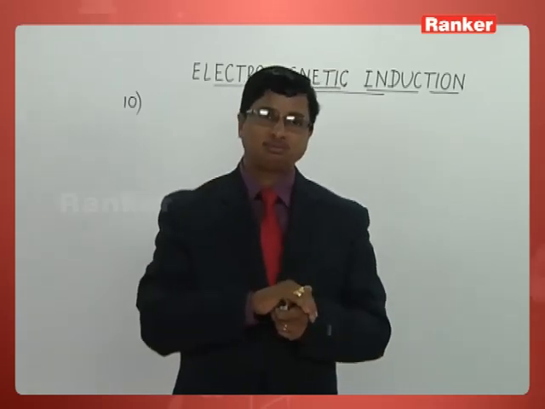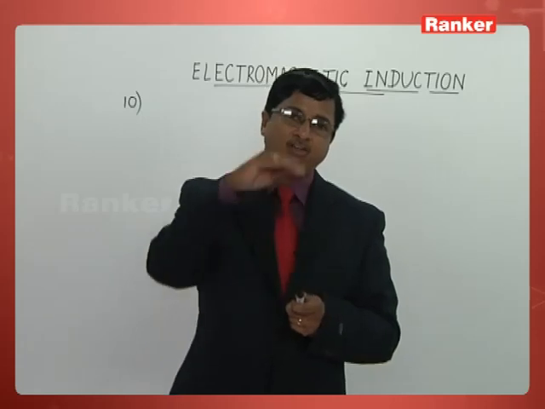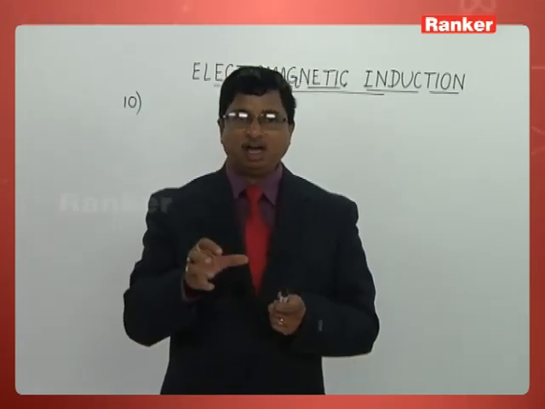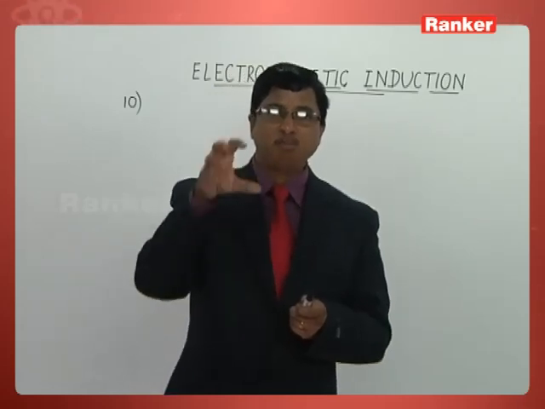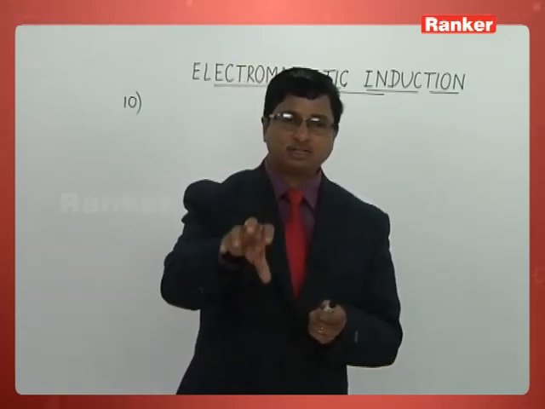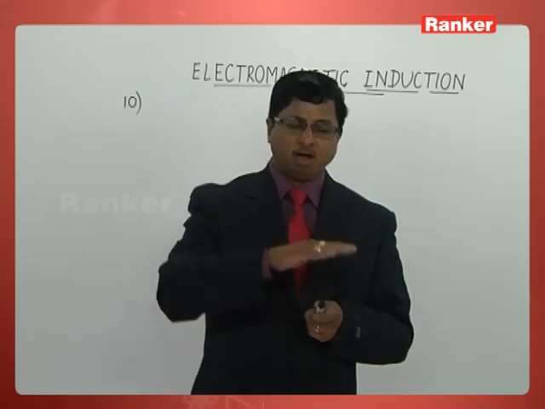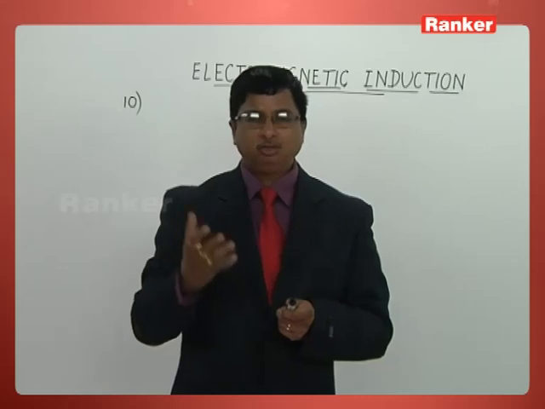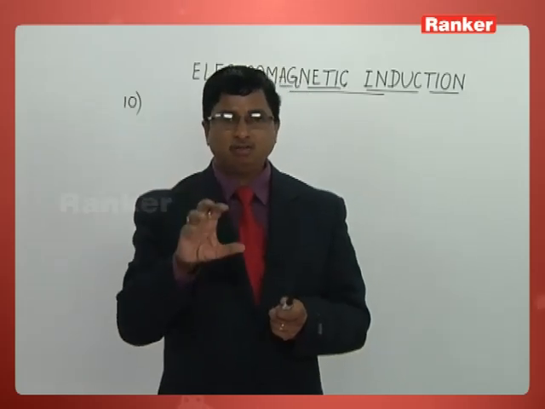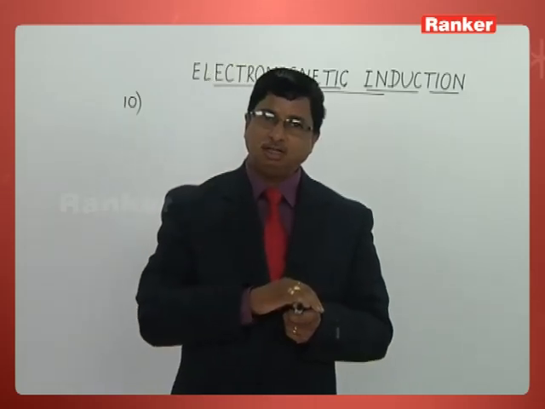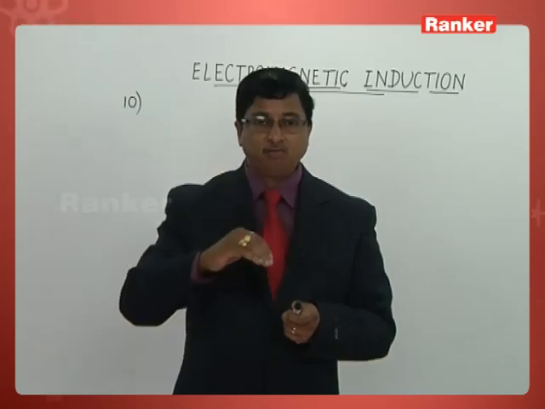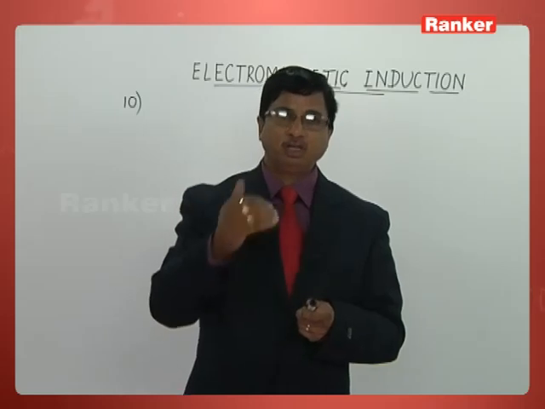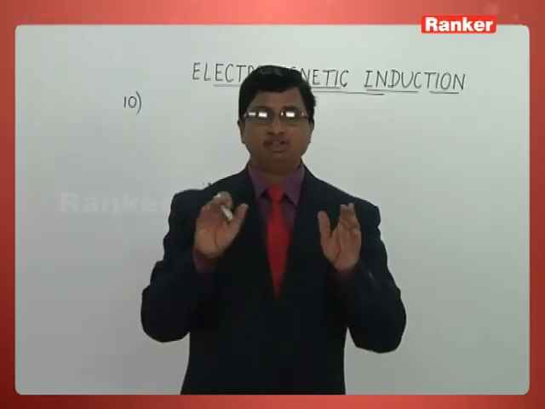So what happens? When it is decaying, there is a rate of change of magnetic flux produced in the system. If you have constant magnetic flux, you will never find any induced EMF. Magnetic flux variation with respect to time is necessary for us to get induced EMF in general.